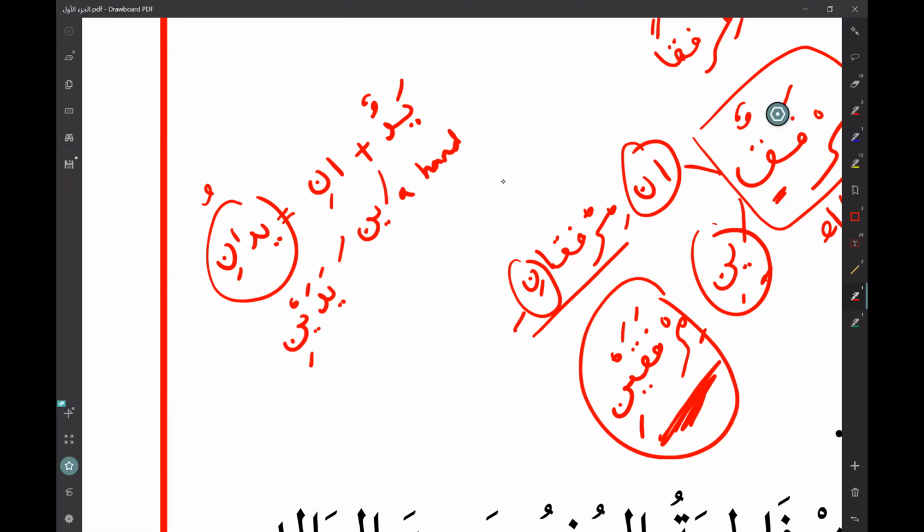Okay. Qalamayni, kitabayni, rajulayni, baytayni. Any word when you're putting it as a mudaf ilayhi, or after prepositions, or when this word is in object form, then you have to add ya and nun.